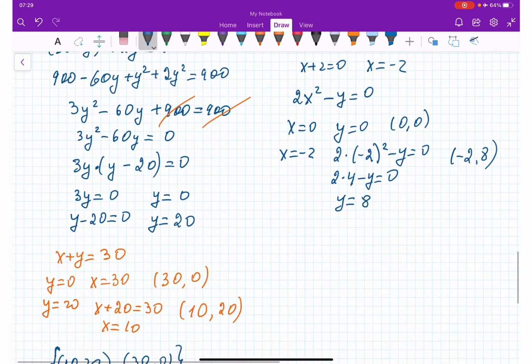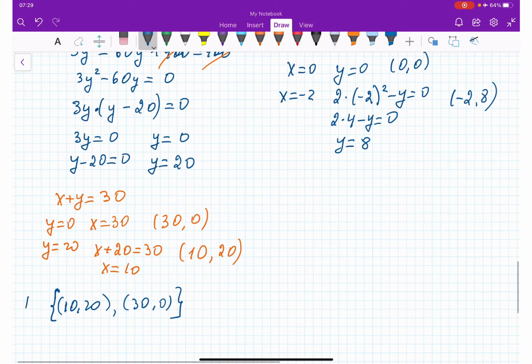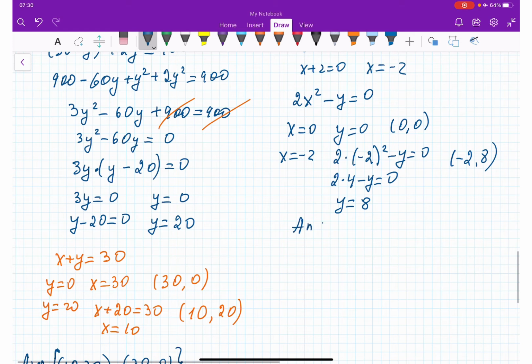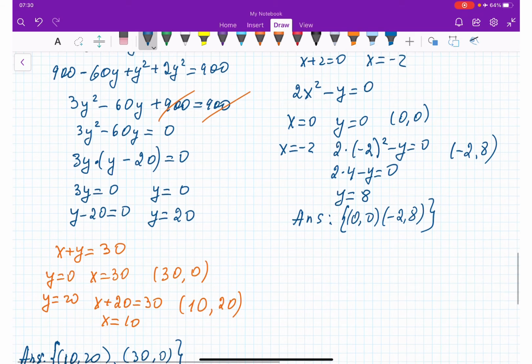Okay? Let me put the answer here, I forgot. So the answer here also is going to be 0, 0, and negative 2, 8. This is going to be our solution. Moving to question number 5.